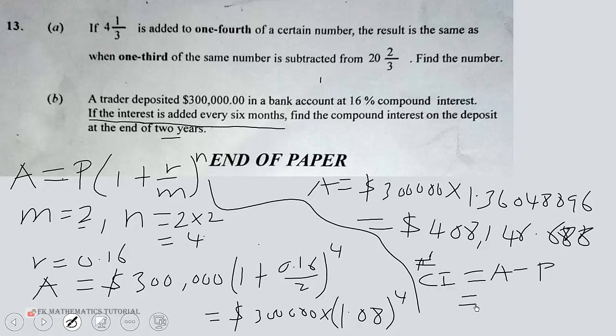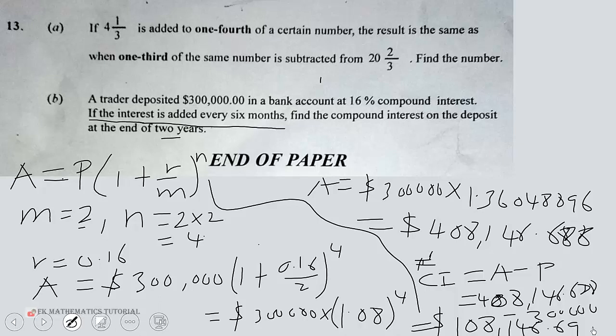So that will give us $408,146.688 minus $300,000, and that will be equal to $108,146.69.